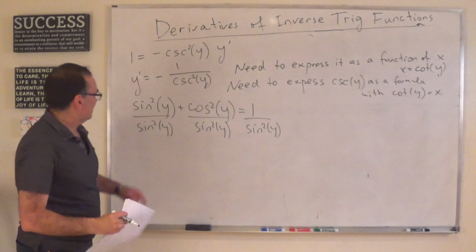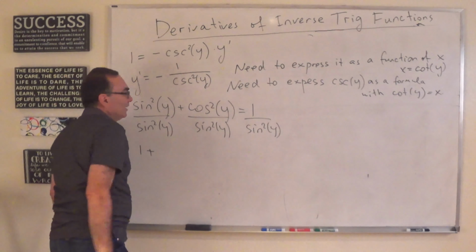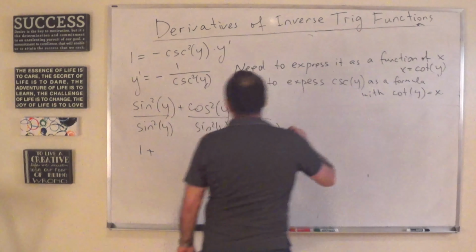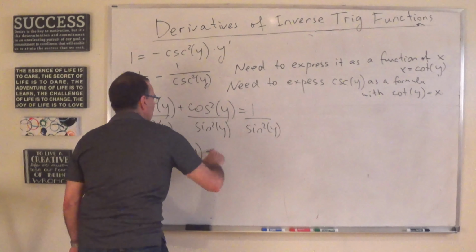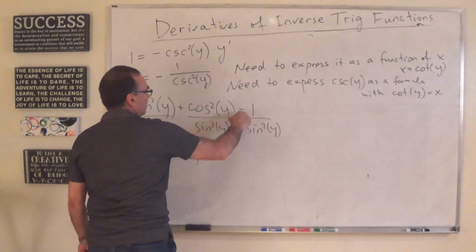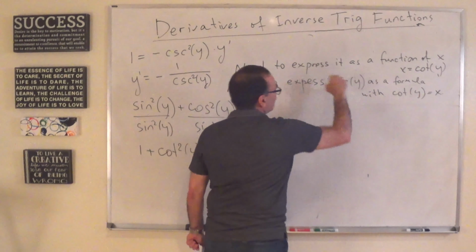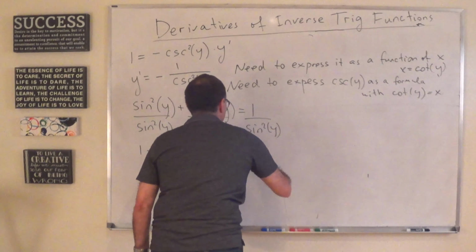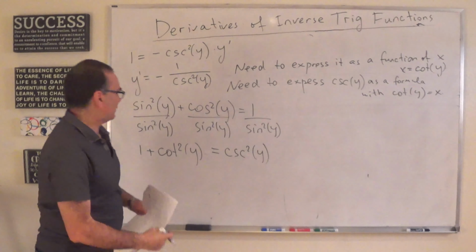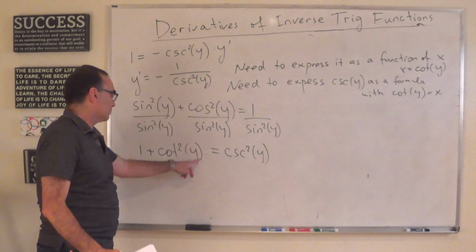Why is this convenient? Because sine squared over sine squared is just 1. Cosine over sine is cotangent, but since they're both squared, it will be cotangent squared of y equals, and this 1 over sine squared, 1 over sine is cosecant, and 1 over sine squared is therefore cosecant squared of y. And that's precisely what we need. Cosecant squared of y is expressed as 1 plus cotangent squared.